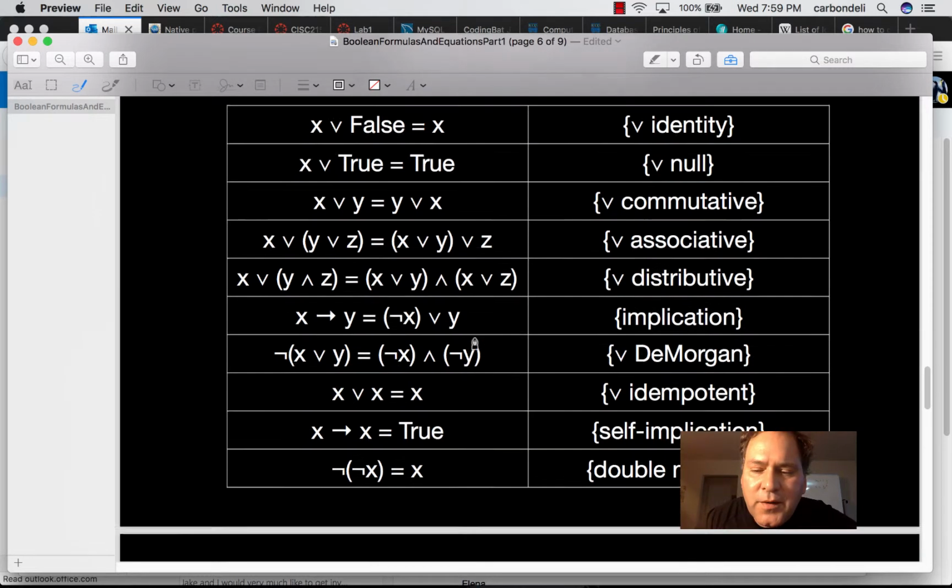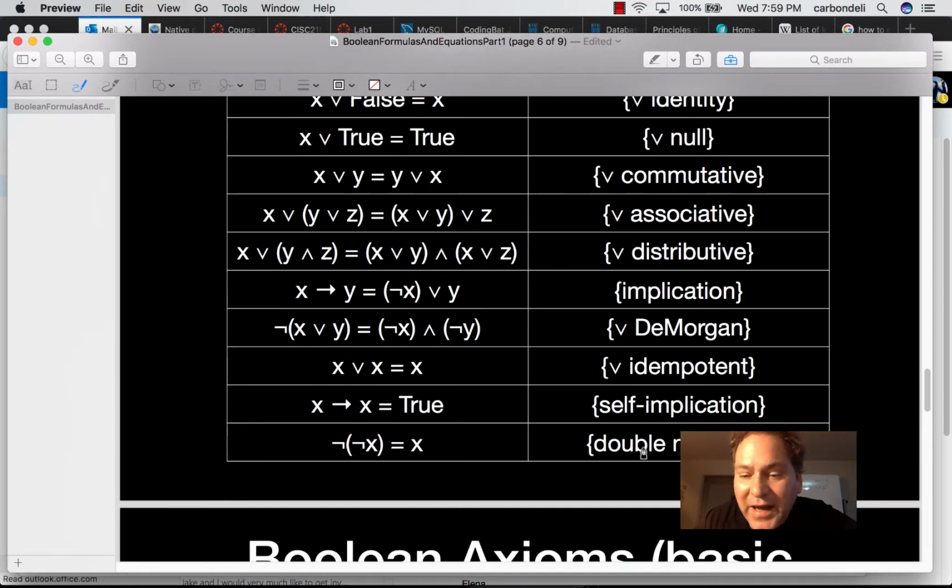or false. And like double negation, for example, down here, in which we're NOTing X and then we're NOTing the result, you can see that the result is just going to be X. And this is something that closely parallels the application of negative signs.